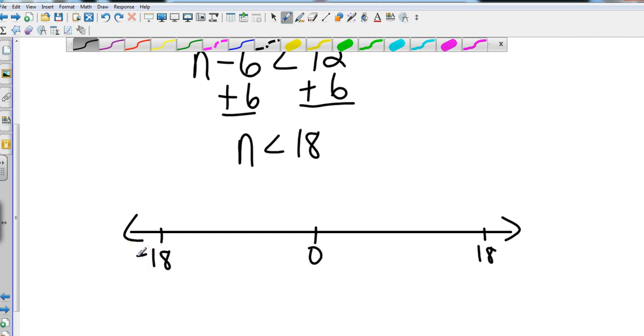So since it's less than, that's going to be an open circle above the 18 and an arrow to the left. And that is Chapter 2, Section 2, Solving Inequalities Using Addition or Subtraction.